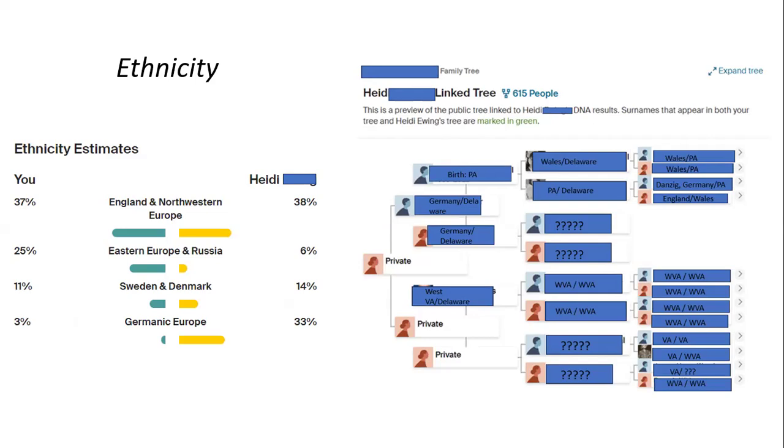So we know where the England and Northwestern Europe side is, don't we? On the maternal side. When we're looking at the paternal side, we've got a couple possibilities. If we overlap on the German side, I've got that grandparent couple to look at, and I've got a question marks. Her tree's not quite as full as it should be, is it? But we can't ignore that, okay? Because our ancestors could be right there among those trees.